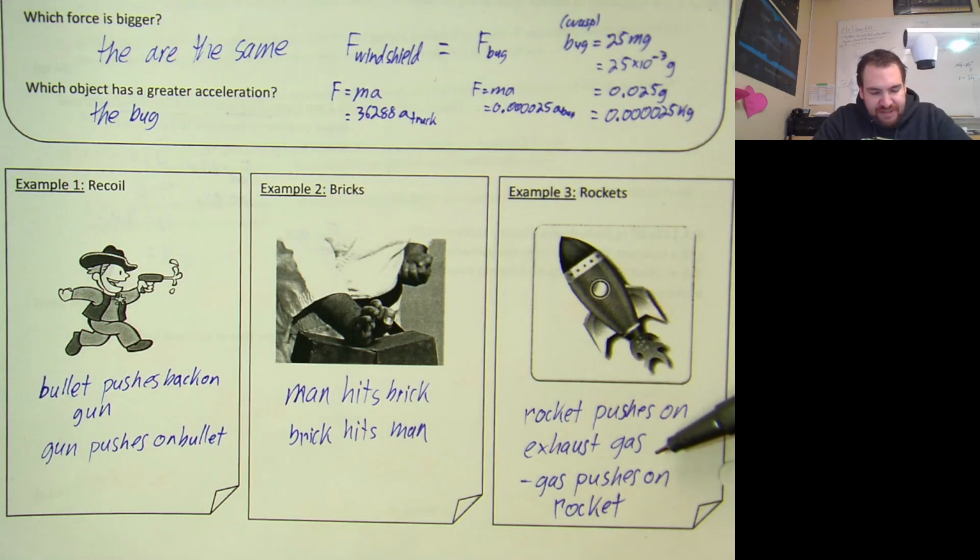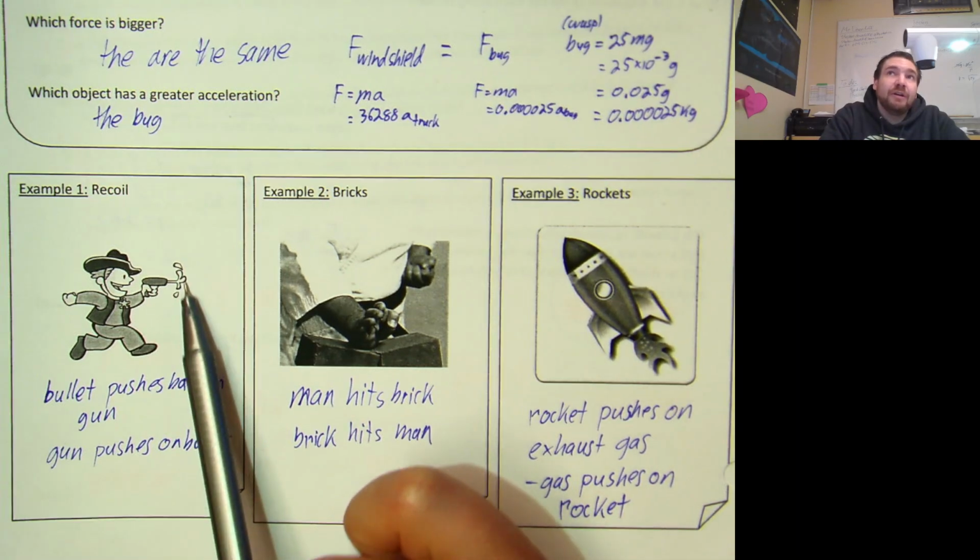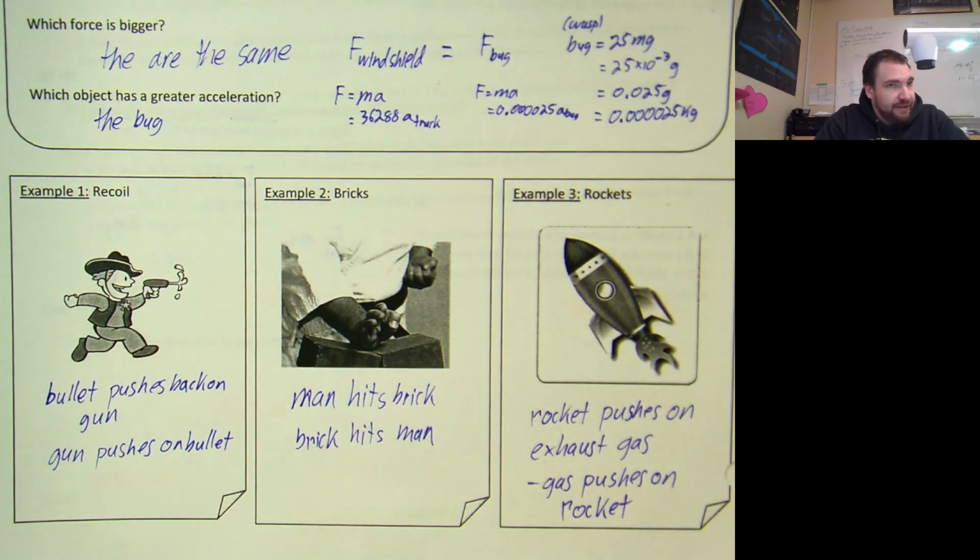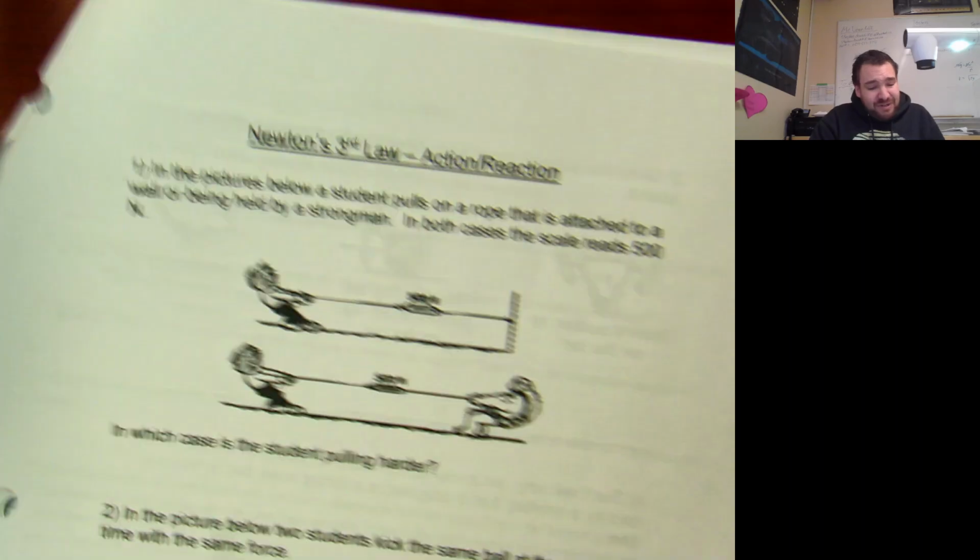But some people would say, well, isn't this just pushing on the air? Well, rockets work in space, right? There's no air in space. So it has nothing to do with the atmosphere. It has everything to do with the force on the exhaust gas, which is exactly what's happening here. I just simplified it with the bullet in the gun. So that's it. That's Newton's third law.